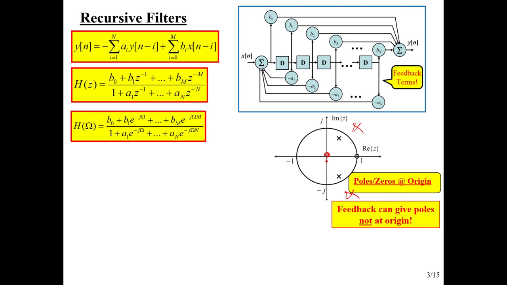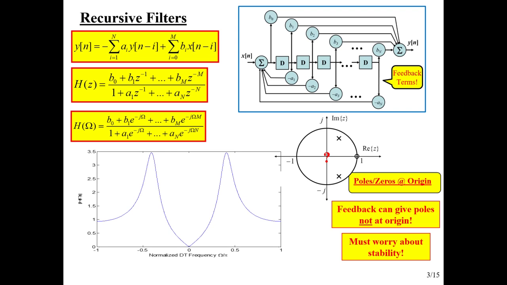That would not be a usable filter because pretty much for any input, the output would just grow without bound, and that's not terribly useful. So we will limit ourselves only to recursive filters that have poles strictly inside the unit circle.